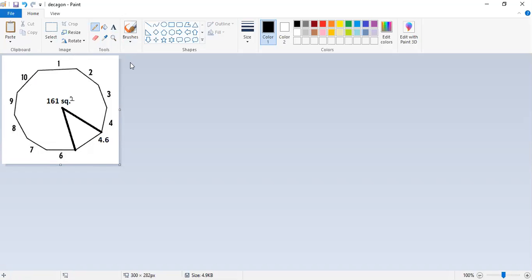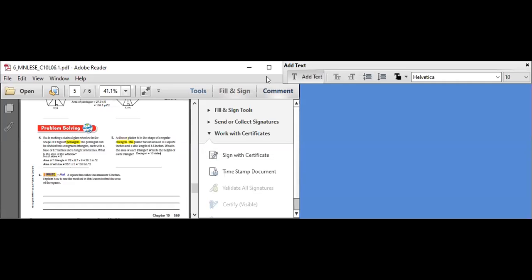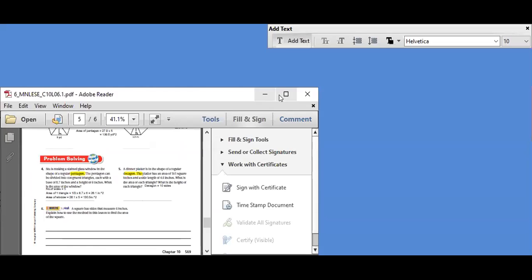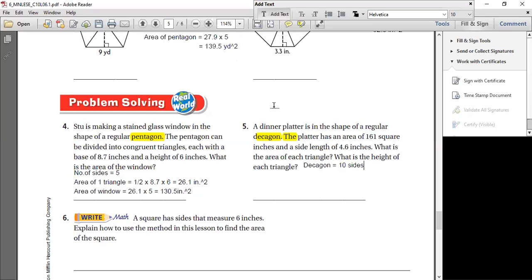So let's do step by step. First, let's do the first step. We will write area of one triangle is equal to 161 divided by 10.